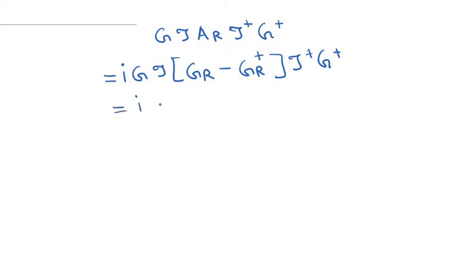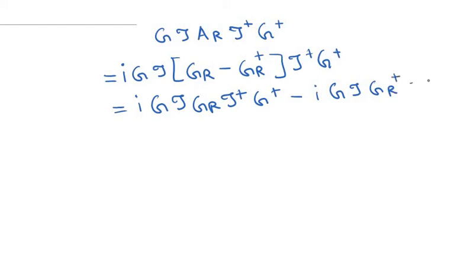Okay, so this is i G tau GR tau dagger G dagger minus i G tau GR dagger tau dagger G dagger.